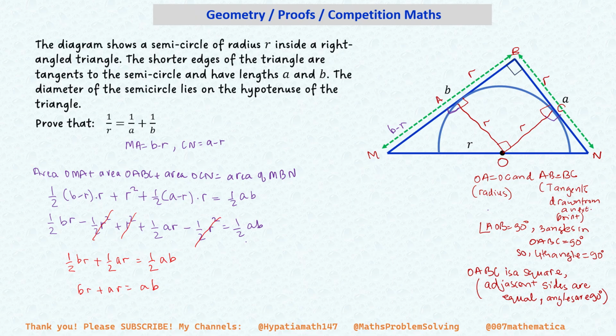Now I can divide throughout by abr. Then we get, therefore, you would cancel the br, so 1 over a, plus ar gets cancelled, so 1 over b is equal to 1 over r, and hence we got our proof.